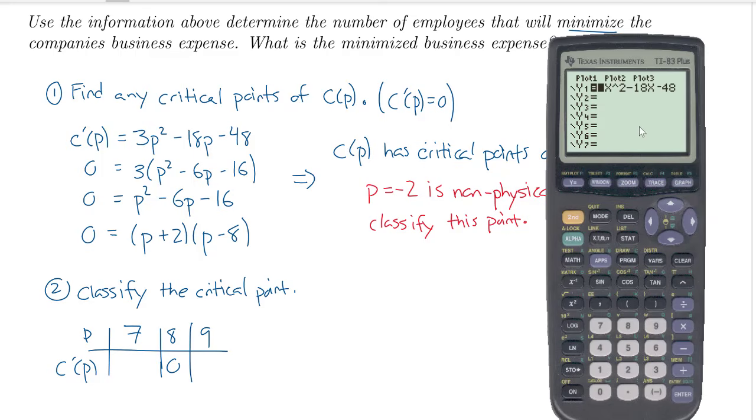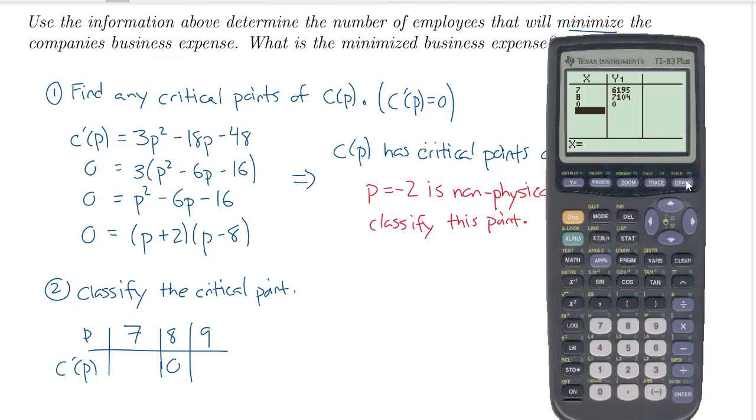So entering this into the calculator, go to the y equals, enter the function, and then we can use the trace feature or the table. If you go to the table, you'll probably have the values from the previous problem, so you may need to change those.